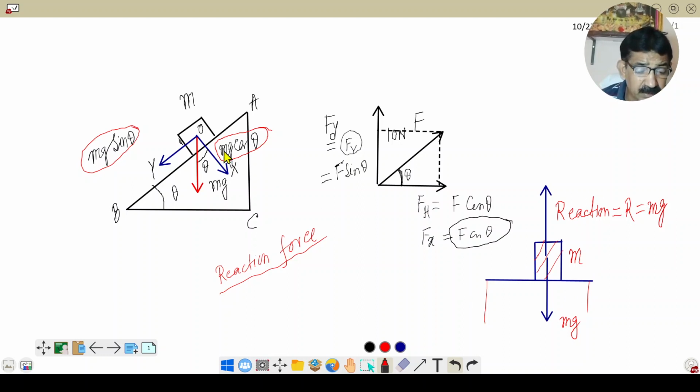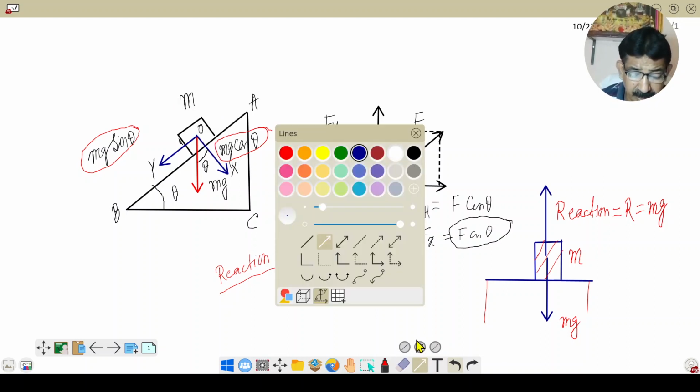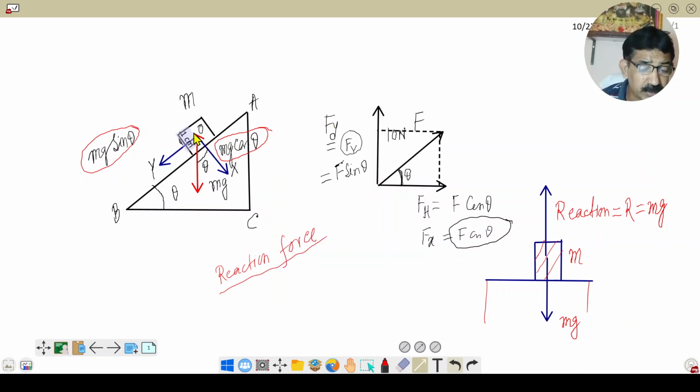We can say the reaction force provided by the surface is equal to this one. This is the reaction force, and the reaction force is equal to mg cos theta.